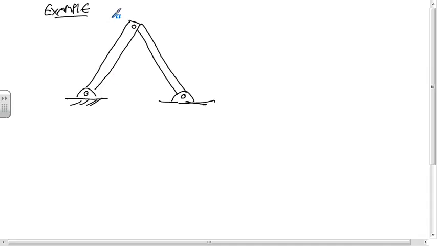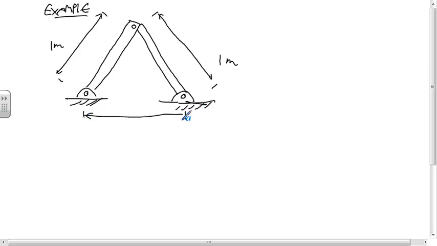Each of these is 1 meter long, and they're 1 meter apart. Let's call this member 1 and this member 2.